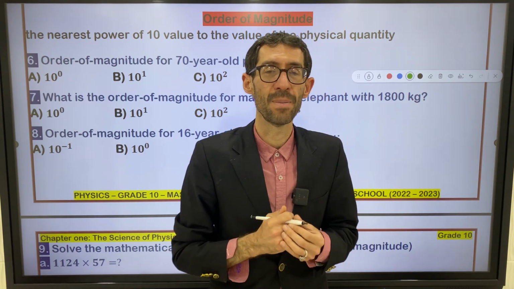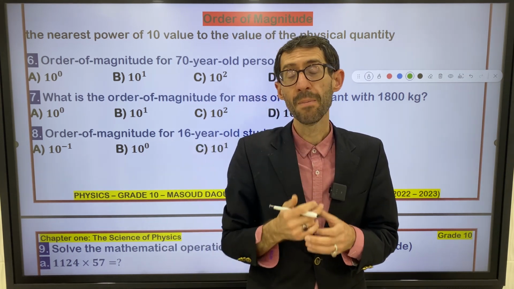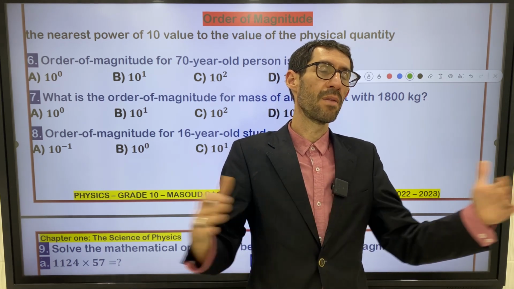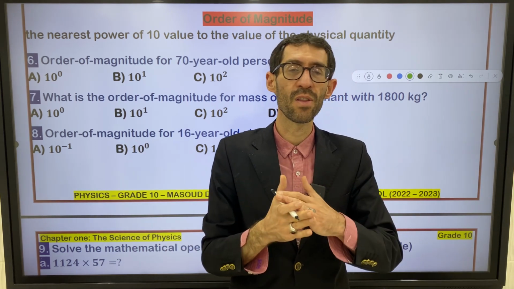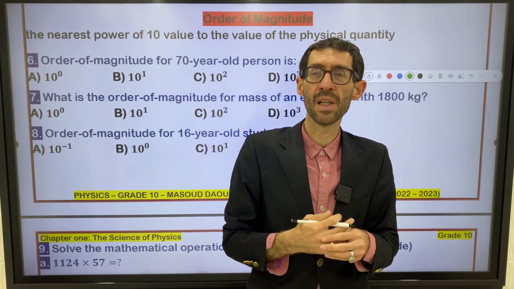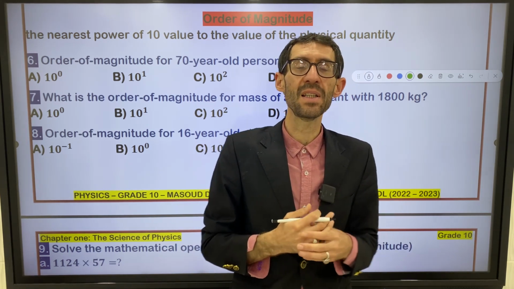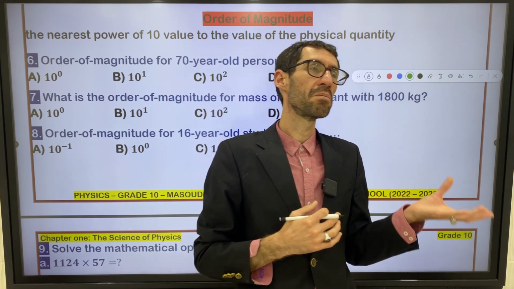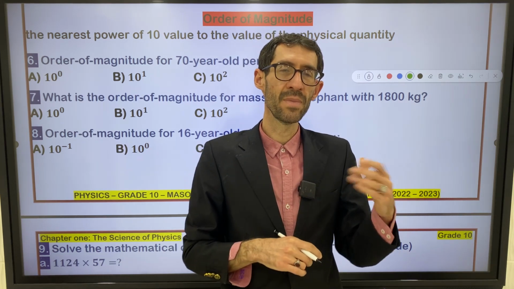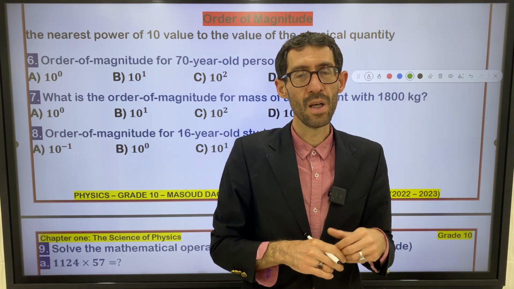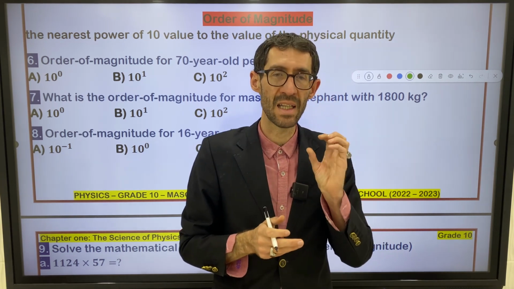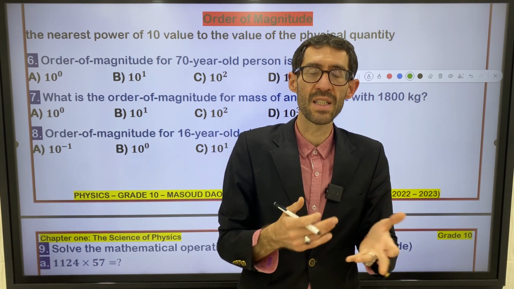Let me give you an example. For example, the length of a playground at a school. The length is approximately, for example, 92 meters. Yeah, 92 meters. To avoid accuracy, we don't need accuracy here.